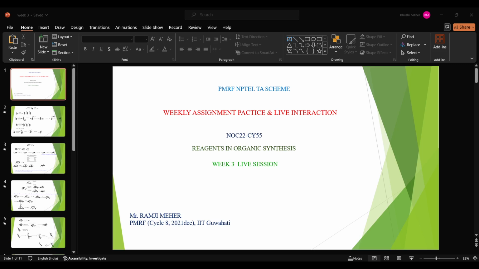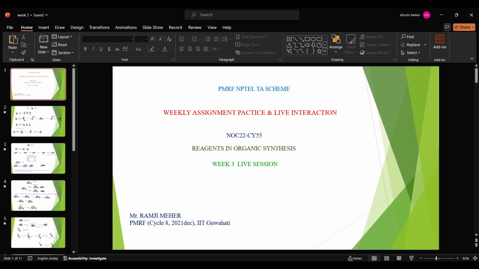In some cases we also got a mixture of products with stereoselectivity, from the wedge position or the dash position, and how we'll control that by different kinds of reducing agents, how we'll selectively synthesize one diastereomer as compared to the other diastereomers.